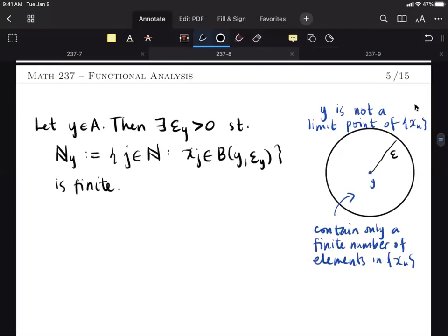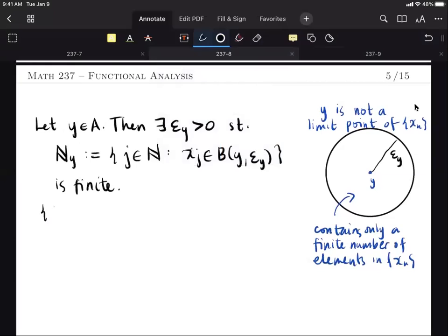Okay, so this epsilon depends on y. So you take this epsilon sub y to be sufficiently small in order that this ball contains only a finite number of elements of your sequence. So this n sub y is finite.